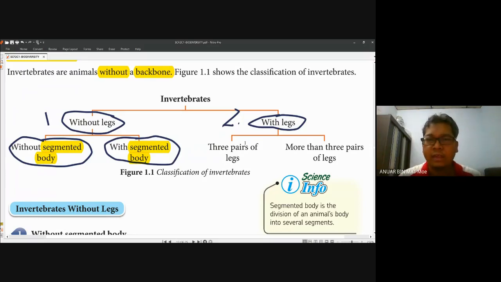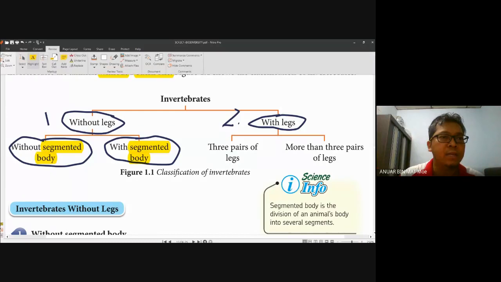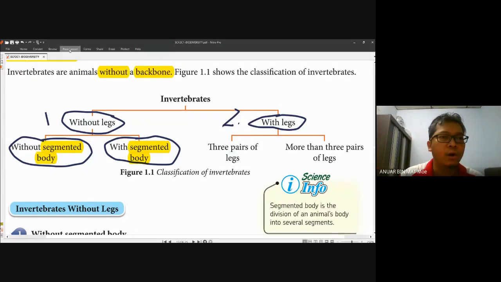And then for the second characteristic in invertebrates is the with leg. The characteristic with leg, all right, you can further divide it into what we call 3 pair of legs or more than 3 pair of legs.